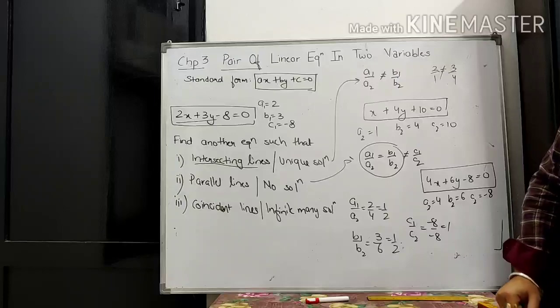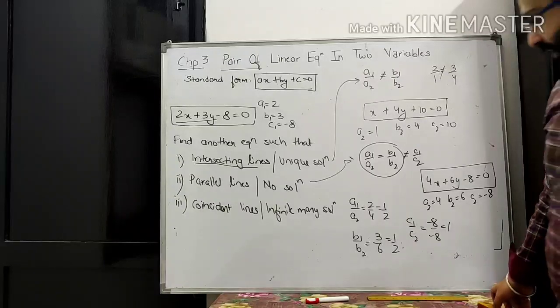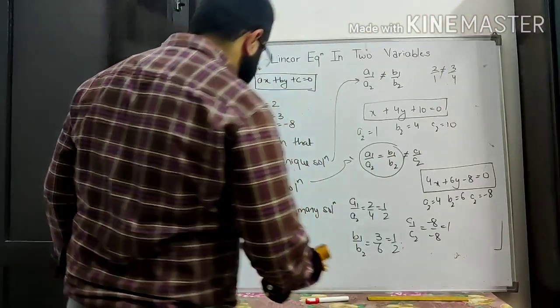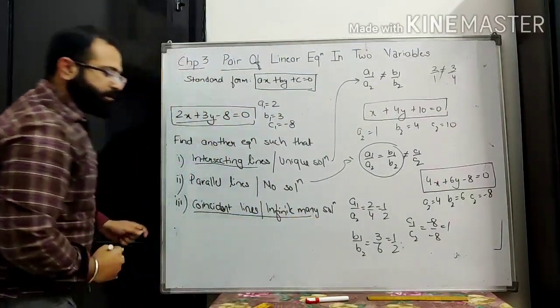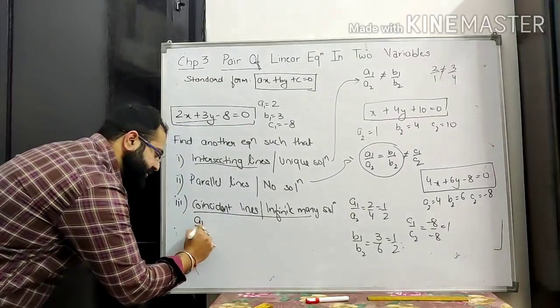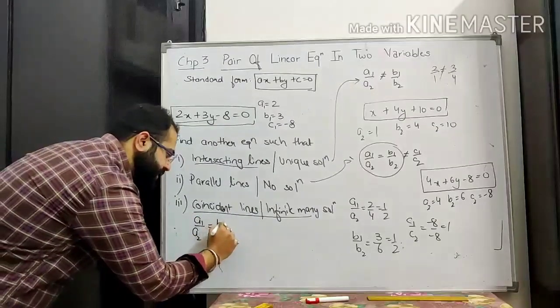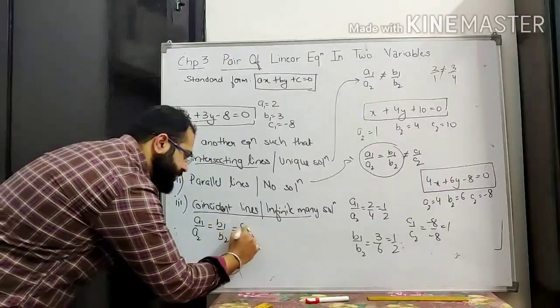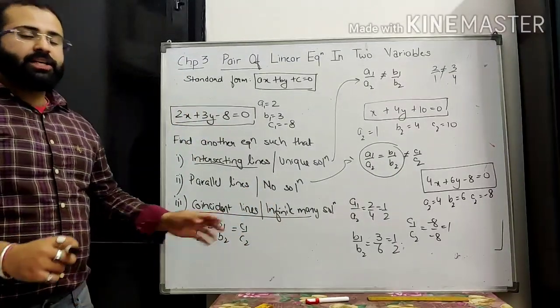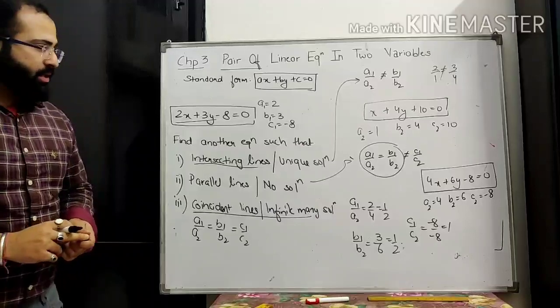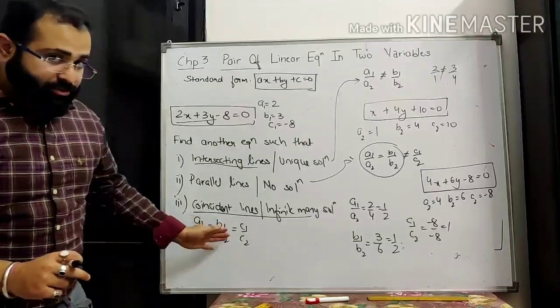Okay. So for the last case, that is coincident lines, we are running short of space. For coincident lines or infinitely many solutions, what condition do we have? a1 by a2 is equal to b1 by b2 is equal to c1 by c2. It means that all three ratios have to be equal.